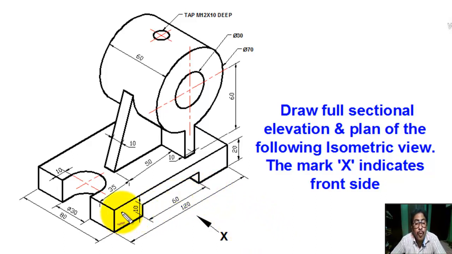In the front view we see this portion, this portion, we see this circle, and this portion, and also this portion.